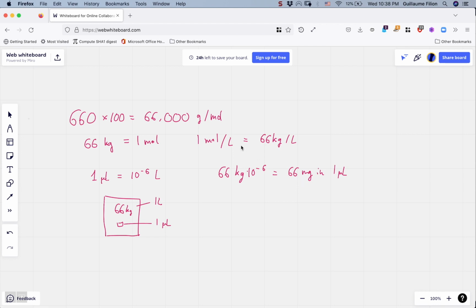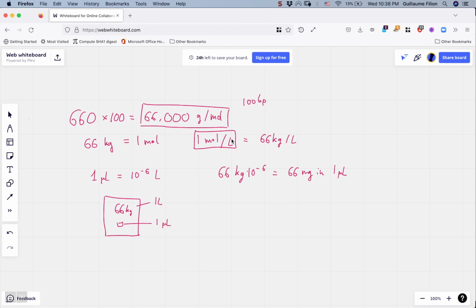So to recap, the first thing I do is get the molar mass of the product I'm interested in. That's the product here of 100 base pairs. The second thing I do is compute the amount of DNA that I need to get to this standard concentration of 1 mole per liter. And that's super easy to compute when I've got that here.